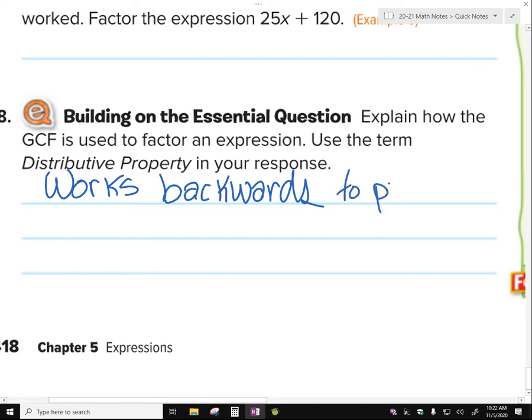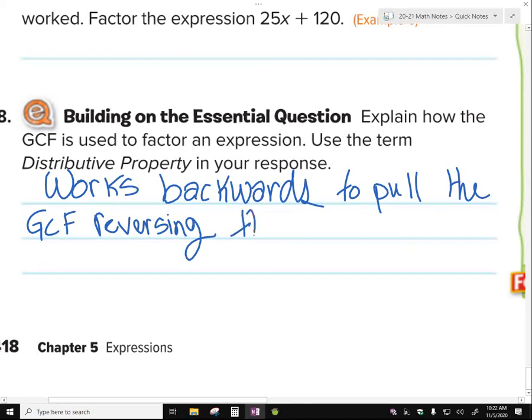To pull the GCF, reversing the distributive property.